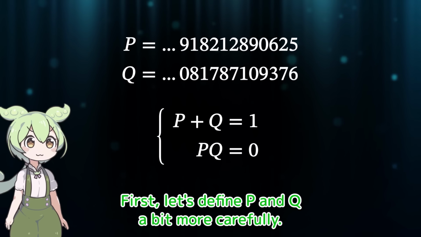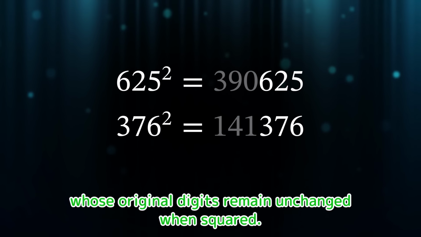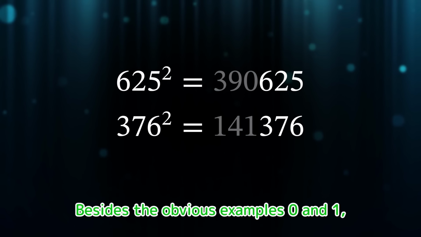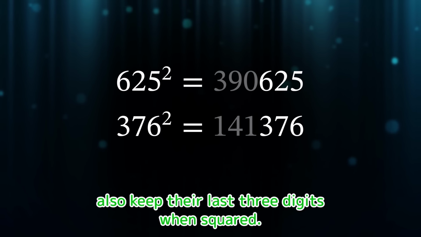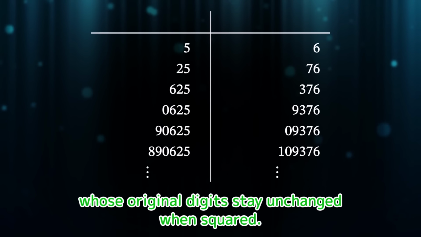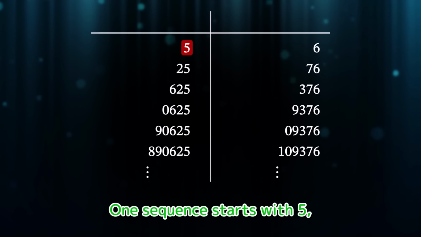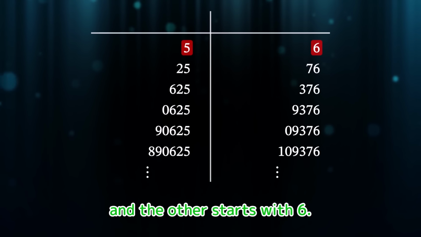First, let's define p and q a bit more carefully. We were calculating numbers whose original digits remain unchanged when squared. Besides the obvious examples 0 and 1, numbers like 625 and 376 also keep their last three digits when squared. There were two sequences of numbers whose original digits stay unchanged when squared. One sequence starts with 5 and the other starts with 6.